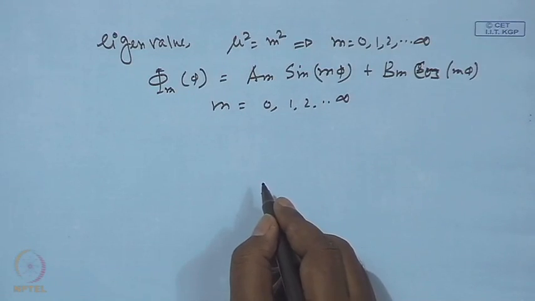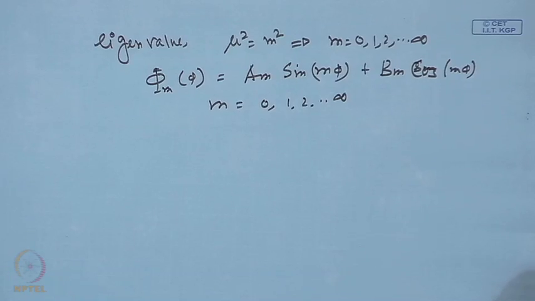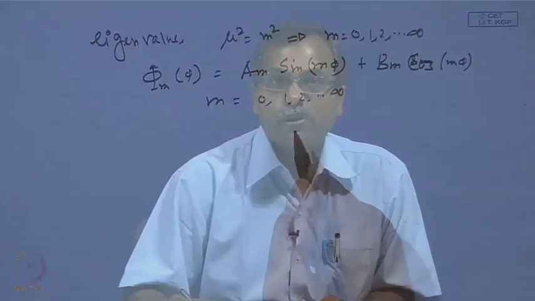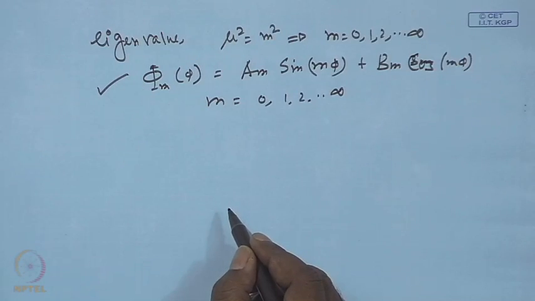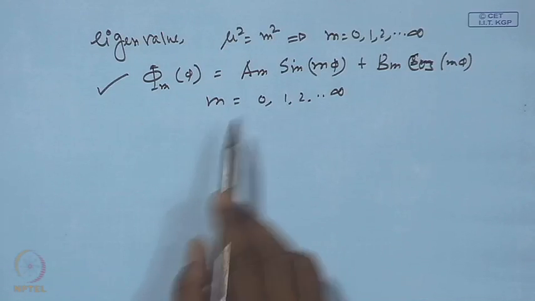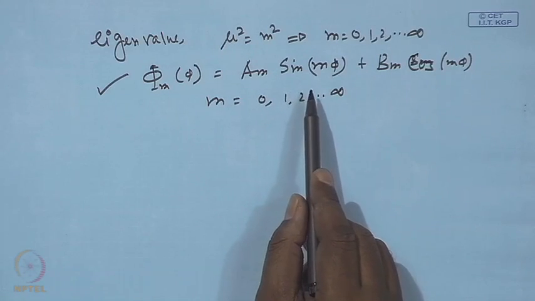In the 3-dimensional cylindrical polar coordinate, we had a similar situation with the periodic boundary conditions, and we have seen there as well that the eigen functions are constituted by the sine function and cosine function. So, in this case also we will be getting the eigen function as usual, which will be a linear combination of sine function and cosine function, and the index m runs from 0, 1 to infinity instead of 1 to infinity. So, that solves the phi varying part completely.